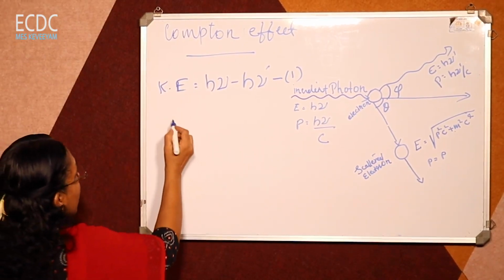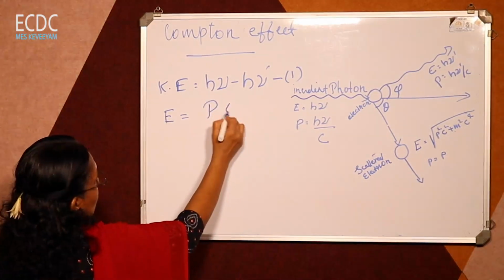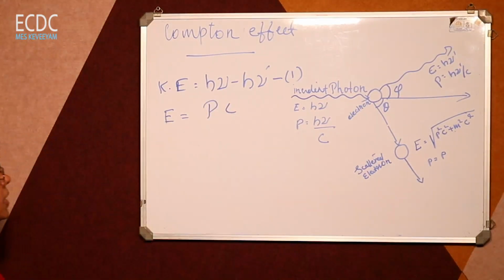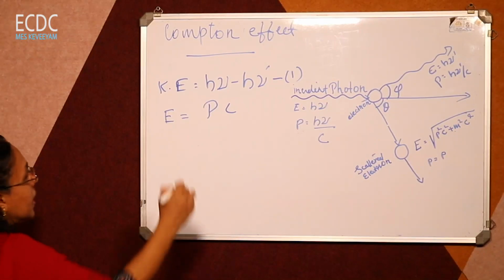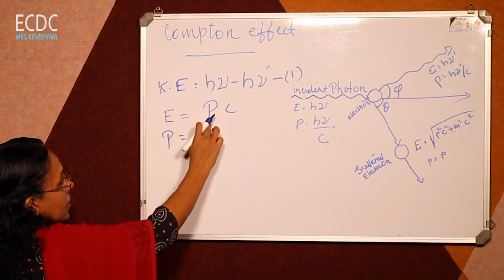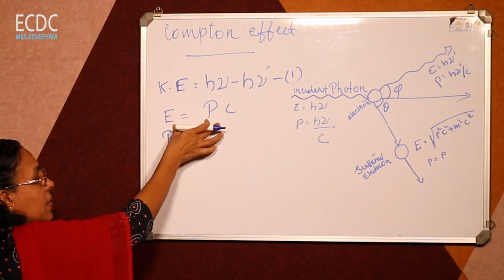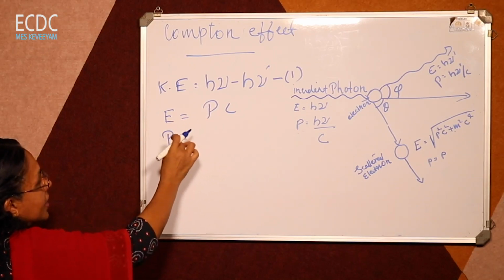Then the relation between energy and momentum according to relativistic mechanics is E equal to Pc, where E is the energy, P is the momentum and c is the velocity of light. This is given by the relativistic equation for a massless particle.